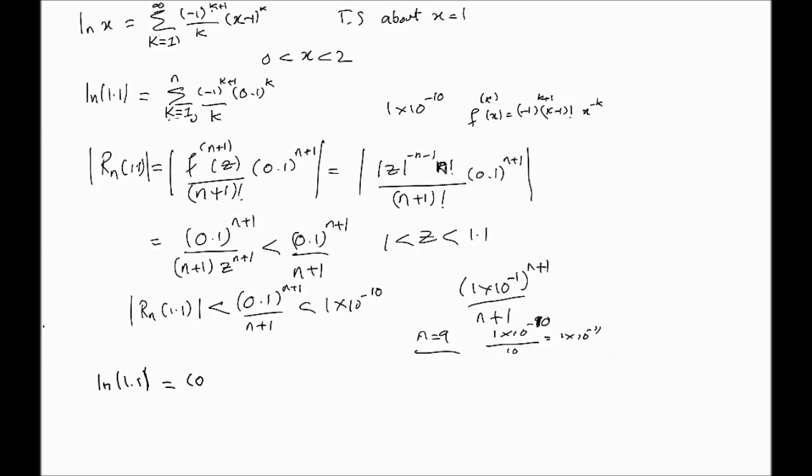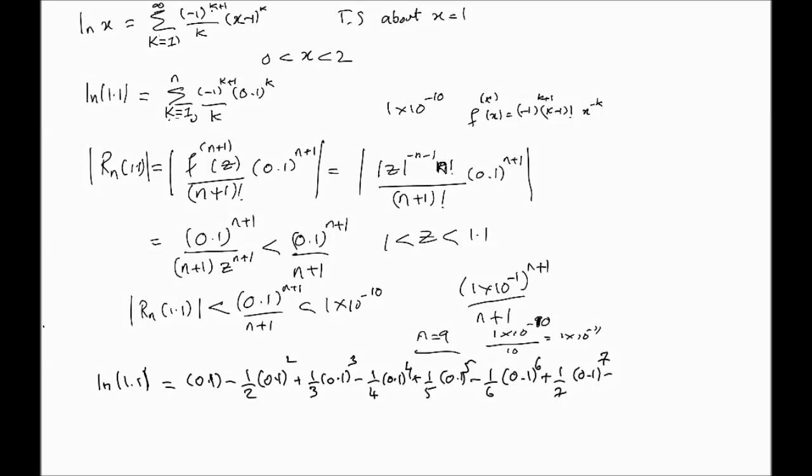So that means 0.1 is going to be our first term, then 0.1 minus a half of 0.1 squared, plus 1/3 of 0.1 cubed, minus a quarter of 0.1 to the 4, plus 1/5 of 0.1 to the 5, minus 1/6 of 0.1 to the 6, plus 1/7 of 0.1 to the 7, minus 1/8 of 0.1 to the 8, and plus 1/9 of 0.1 to the 9.